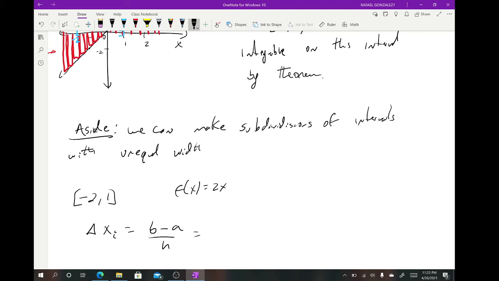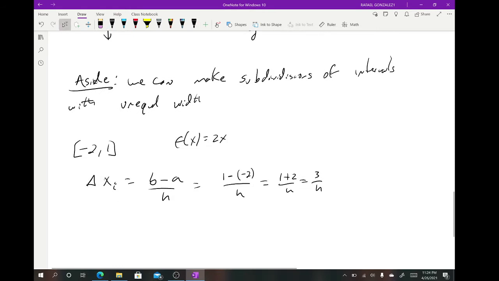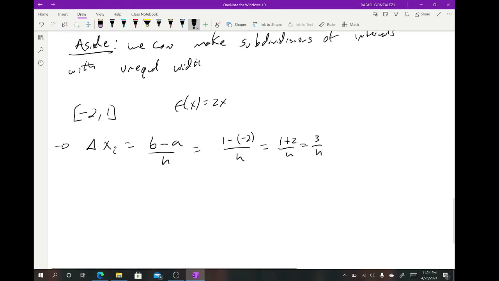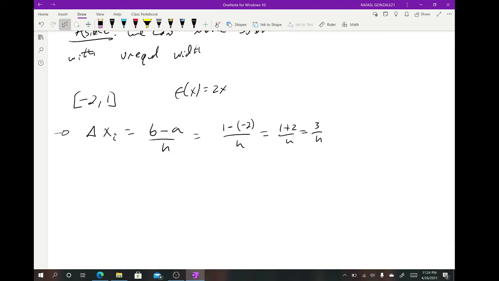That's what n is here for. But we do know what b is. We do know what 1 is. So we have 1 minus -2 divided by n. And n could be increasing up to infinity depending on how many subdivisions we pick. It could be 1, 2, 3, all the way to infinity. But with this we could simplify. This is 1 plus 2 over n, which is 3 over n. Minus and minus is plus. So notice that now we have the width of our rectangles. It's 3 divided by n.